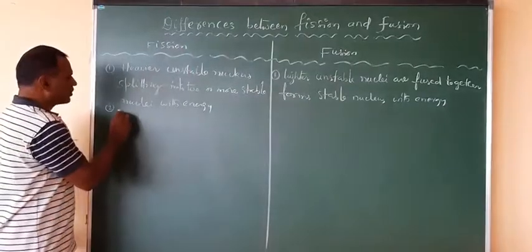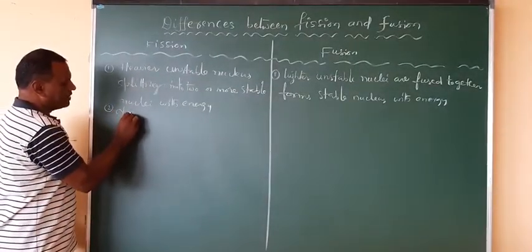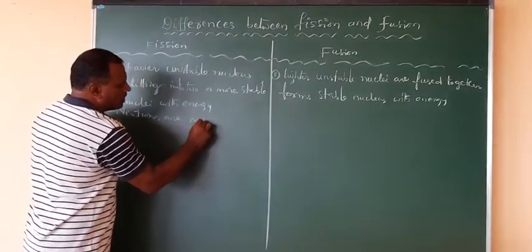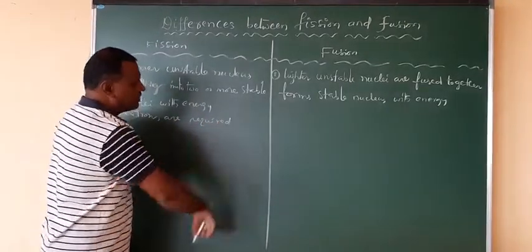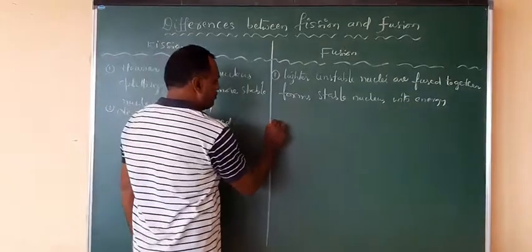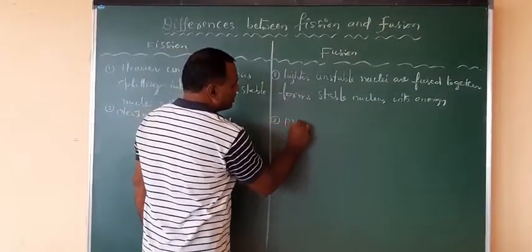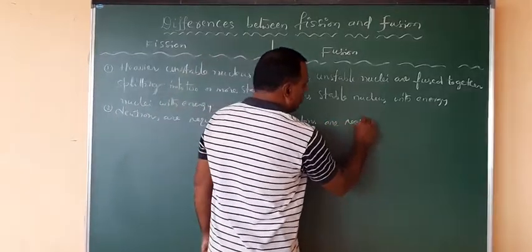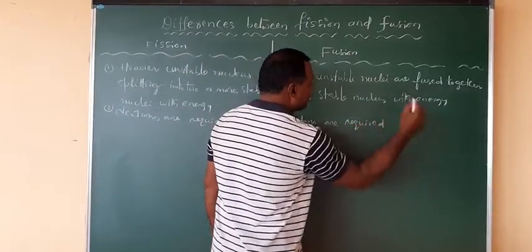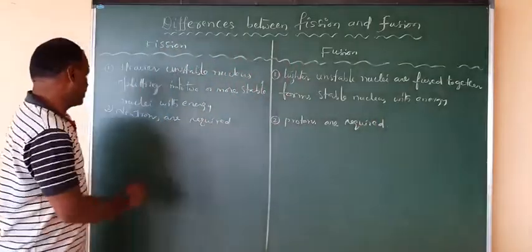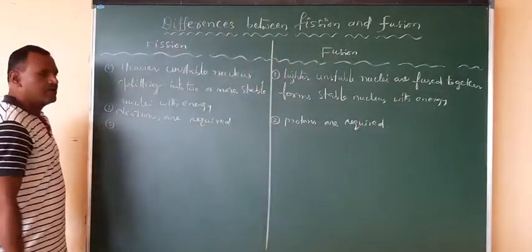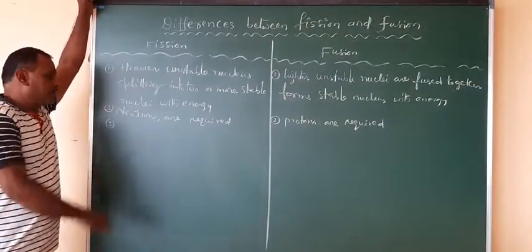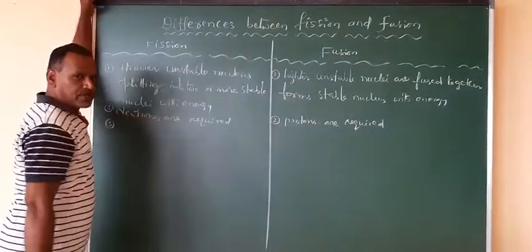So neutrons are required to get the fission reaction, whereas here protons are required to get the fusion reactions, right?